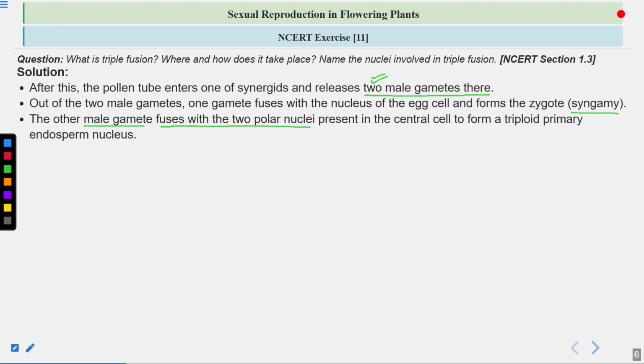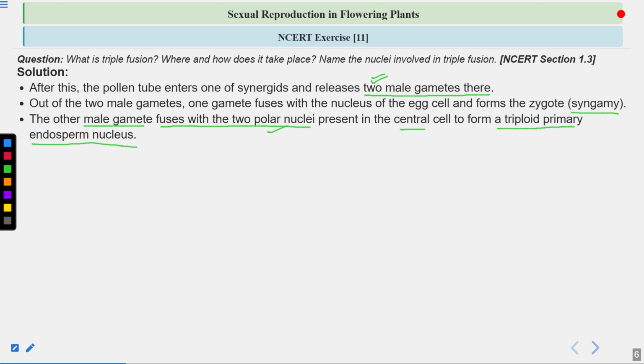In the central cell of the embryo sac, right? So the other male gamete fuses with the two polar nuclei present in the central cell of the embryo sac, and it will form the triploid primary endosperm nucleus. So you got the answer to your question.